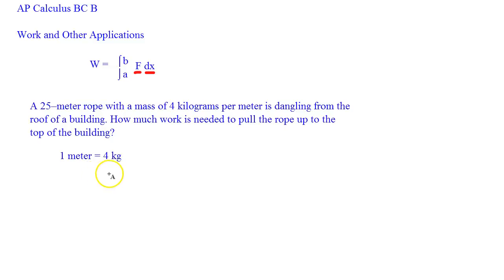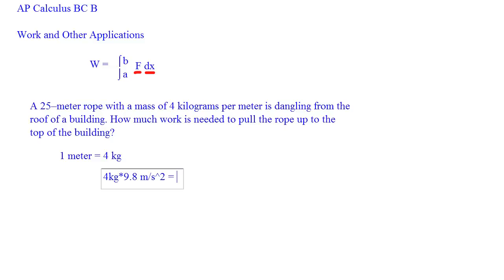Okay, that means the gravitational force per meter of rope is going to be 4 kilograms times 9.8 meters per second squared.